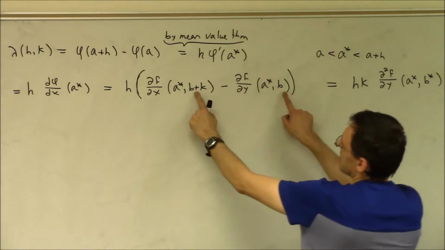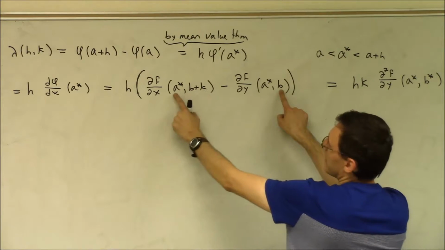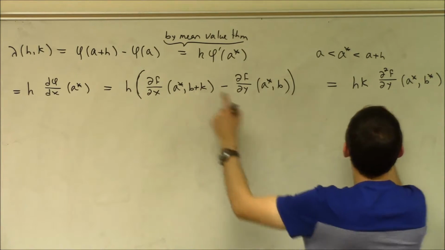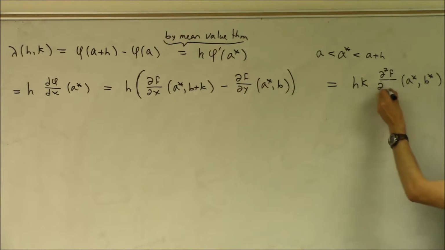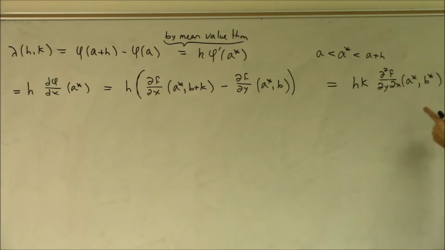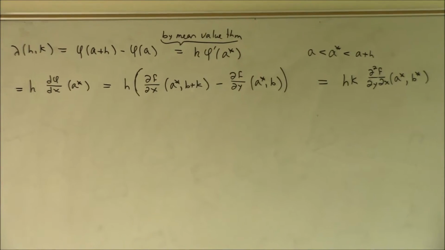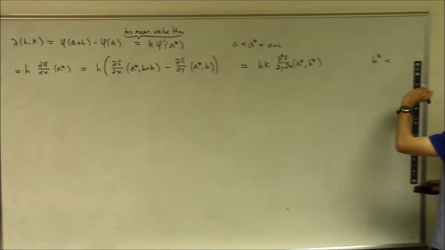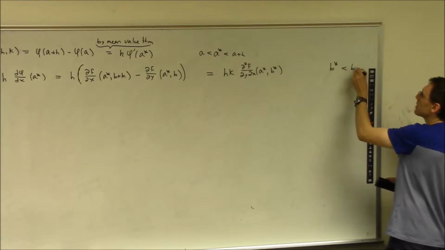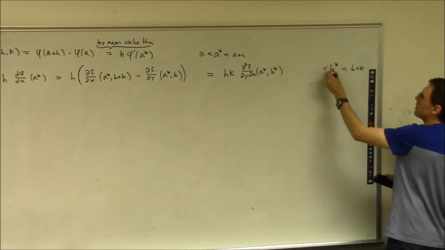Because I look at b plus k and b, so it's now again a function of only one variable y. I wrote something incorrect, so it's dy dx. It's hk times d squared f dy dx of a star, b star, where b star is something between b plus k and b.